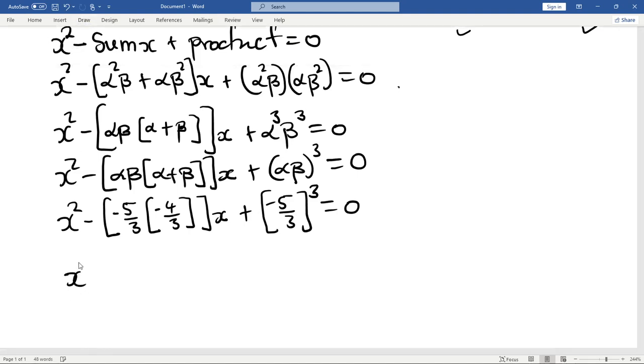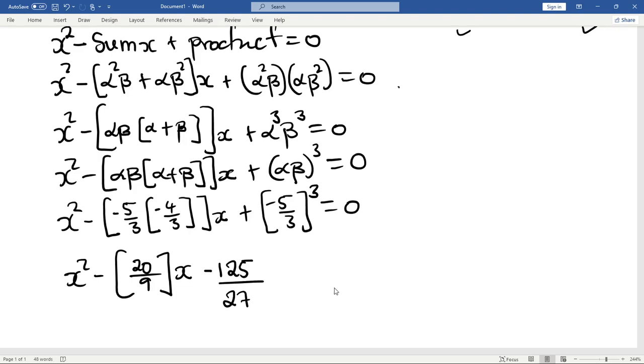So we have x squared minus open brackets, below there we're going to have 9, then negative 5 times negative 4, we get 20, we close, we have our x here. So that's going to be negative, because when you raise a negative number 3 times, we get a negative value there. So negative 5 to the power 3, we get negative 125 divided by 27.